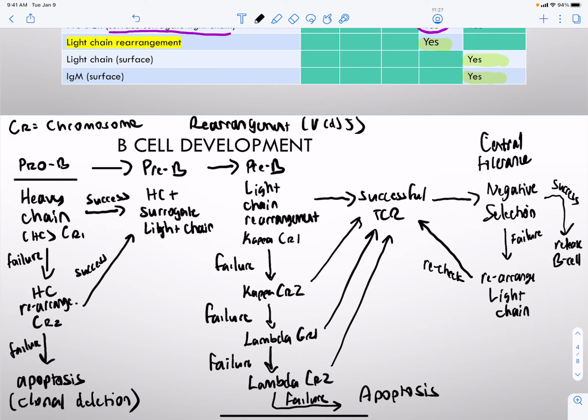And if it's successful, it makes a successful B cell receptor, and it'll go through negative selection again. If it is a failure, it'll undergo apoptosis. So there are many checks and balances with respect to the rearrangement of your B cell receptor and whether or not it becomes a successful B cell. And then this is mature.